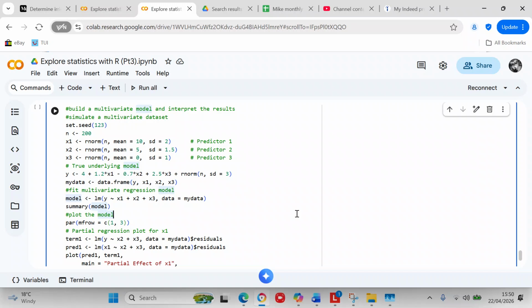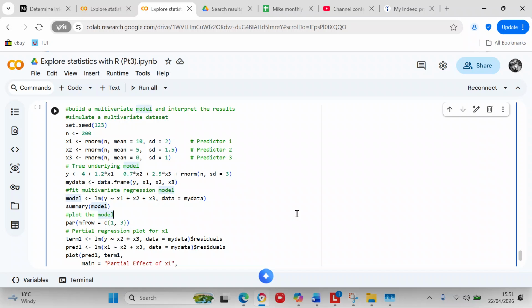So now we're going to define the true underlying model, which is y becomes 4 plus 1.2 times x1 minus 0.7 times x2 plus 2.5 times x3 plus rnorm(n, sd = 3).